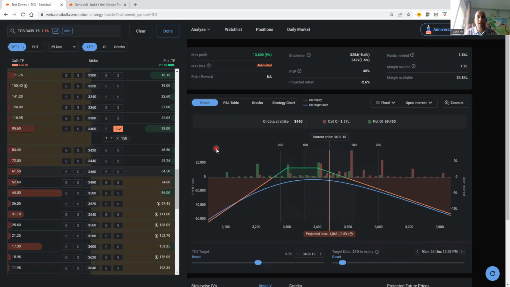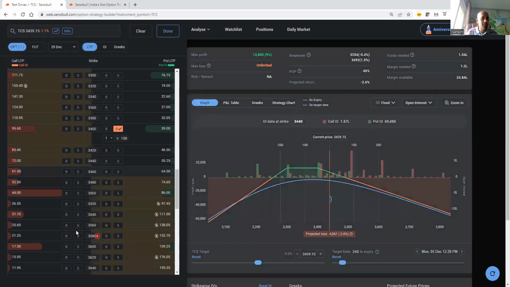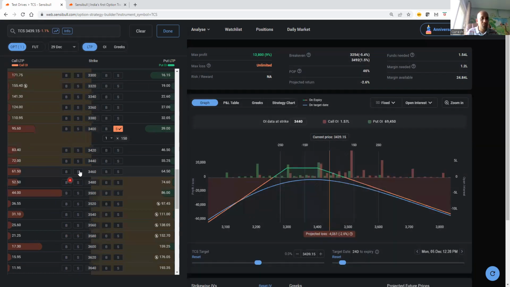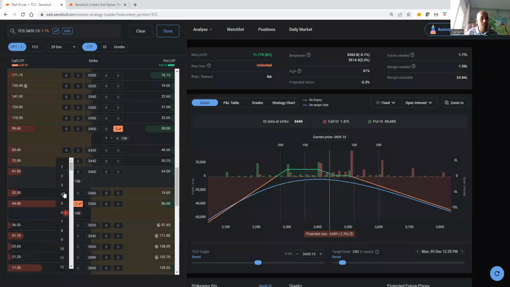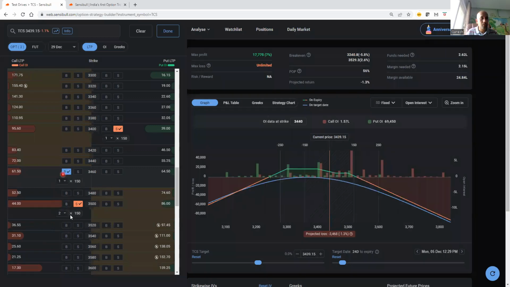So let's say I'll try to add some call butterfly. Just call butterfly. Let's say here the upper break even is 500. Let's say I'll take 460 buy, and let's say 500 2-lot sell, and 540 buy.